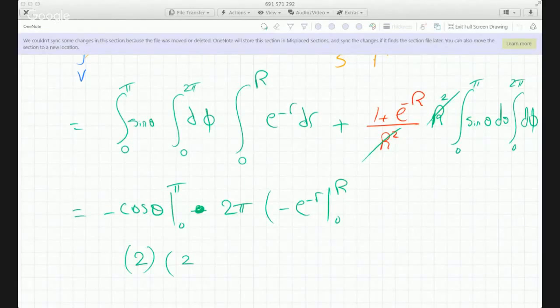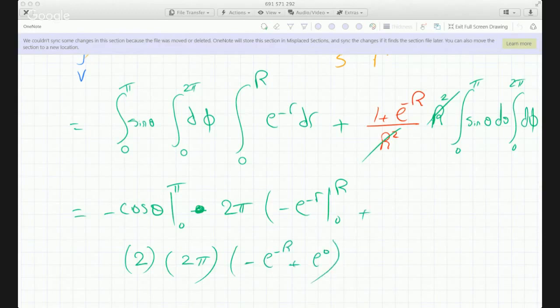2 times 2 pi. And this, if you evaluate it, is going to get you minus e to the minus r plus e to the 0.